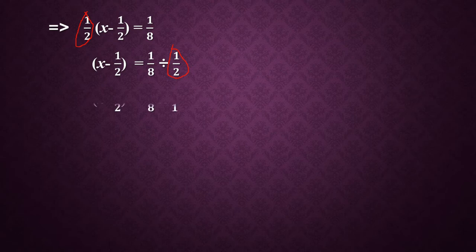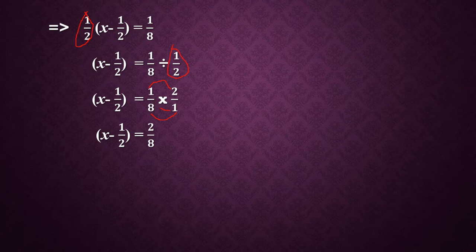For 1 by 2 the reciprocal is 2 by 1. If you are finding the reciprocal, your division sign will change into multiplication. Now you have to multiply the numerators and denominators. So 1 into 2 is 2, then 8 into 1 is 8. x minus 1 by 2 equal to 2 by 8.